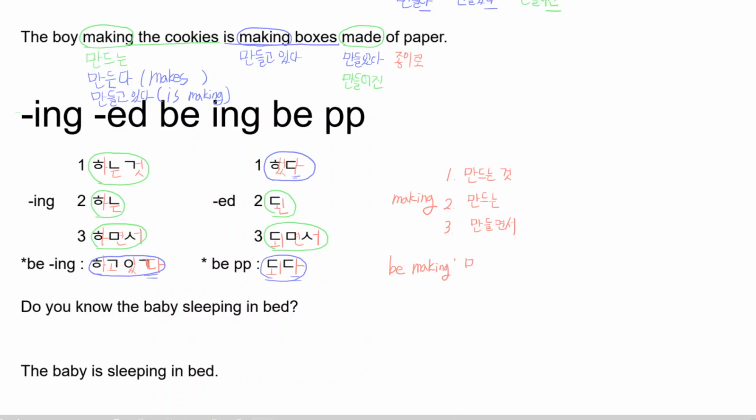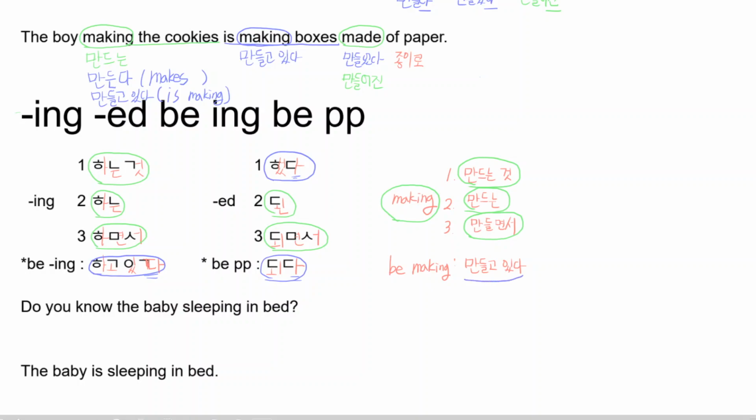It means 만들고 있다. So if making has the meaning 만드는 것, 만드는, 만들면서, they're in green, right? So I guess ing is always green.